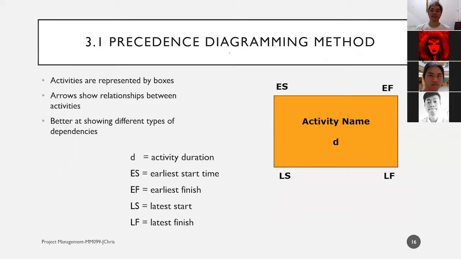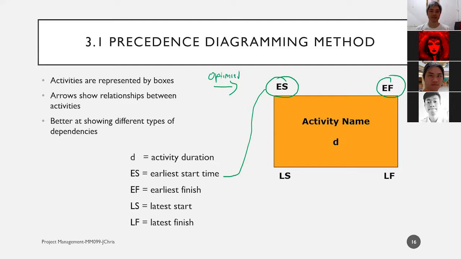The first component, the ES here, is the earliest start time. EF here is the earliest finish. So above the box itself, it's optimistic.